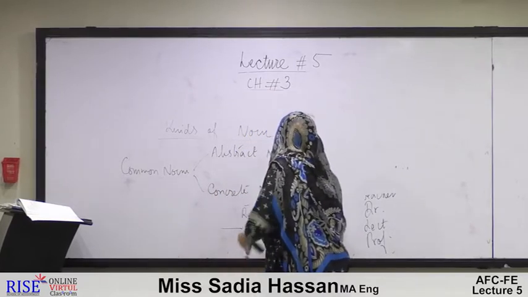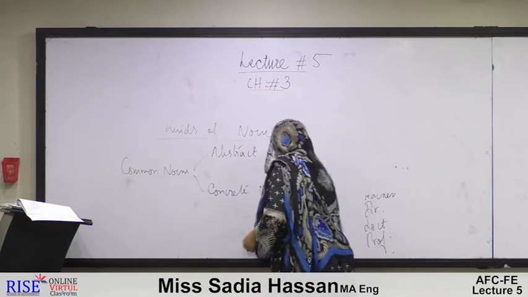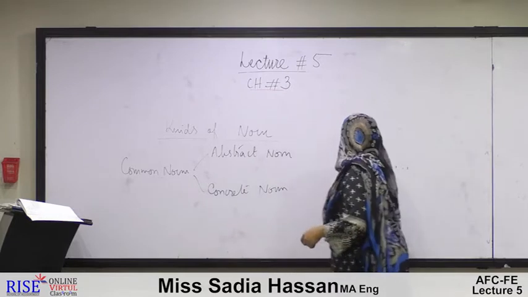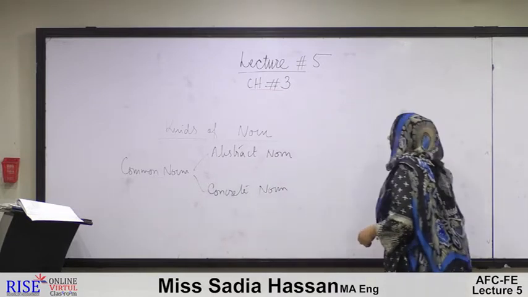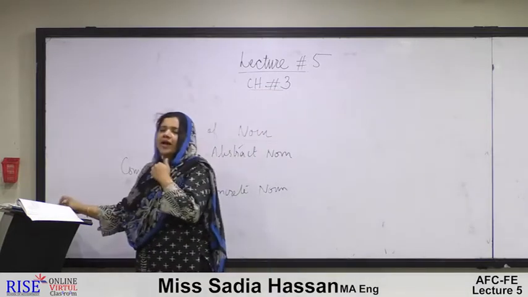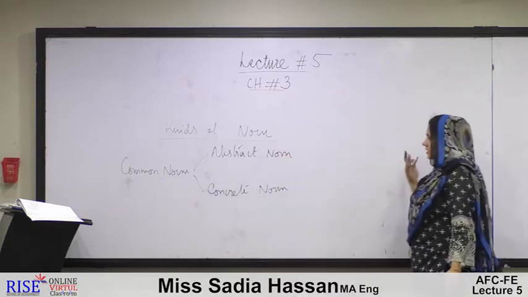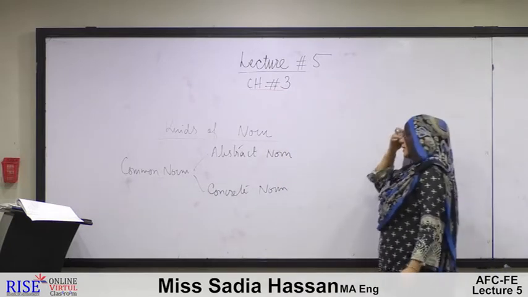What do we mean by abstract nouns? By abstract, we mean intangible things. There are many things in our life which we can just think of. They do not have any concrete form. All the ideas in our minds, all our feelings, emotions and states are called abstract nouns.